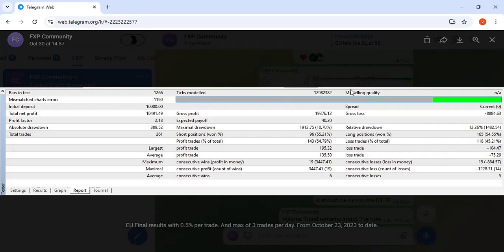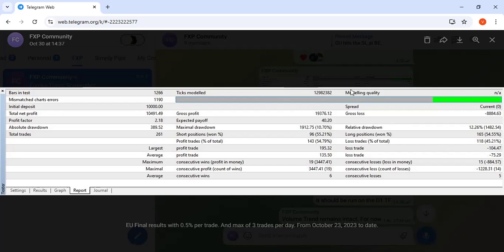You also want to look at the consecutive losses, and then of course the average losses versus the average wins, because you always want to make sure that the average loss is always less than the average profits. That is what determines a long-term profitable strategy.